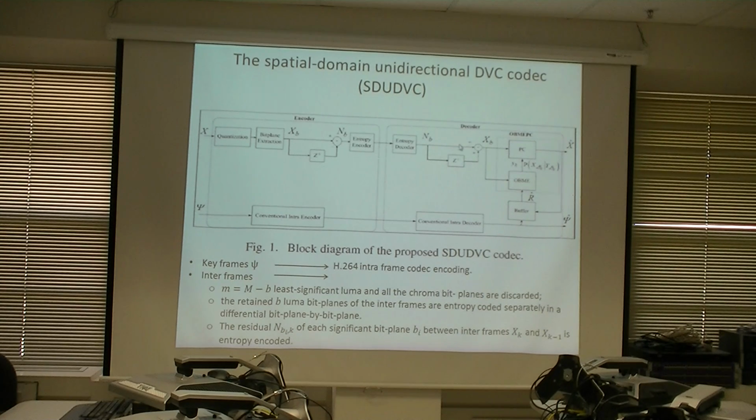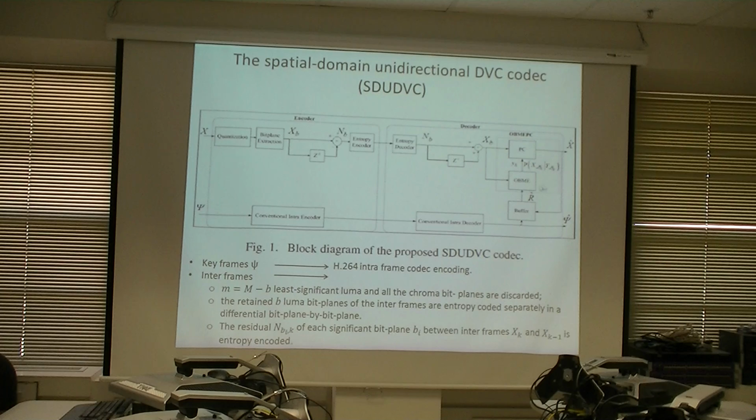So at the decoder side, since we use entropy coding for the B most significant bit planes, we can get the correct decoded B luminance bit planes of the interframe, and we will also have the correct information of the keyframe.